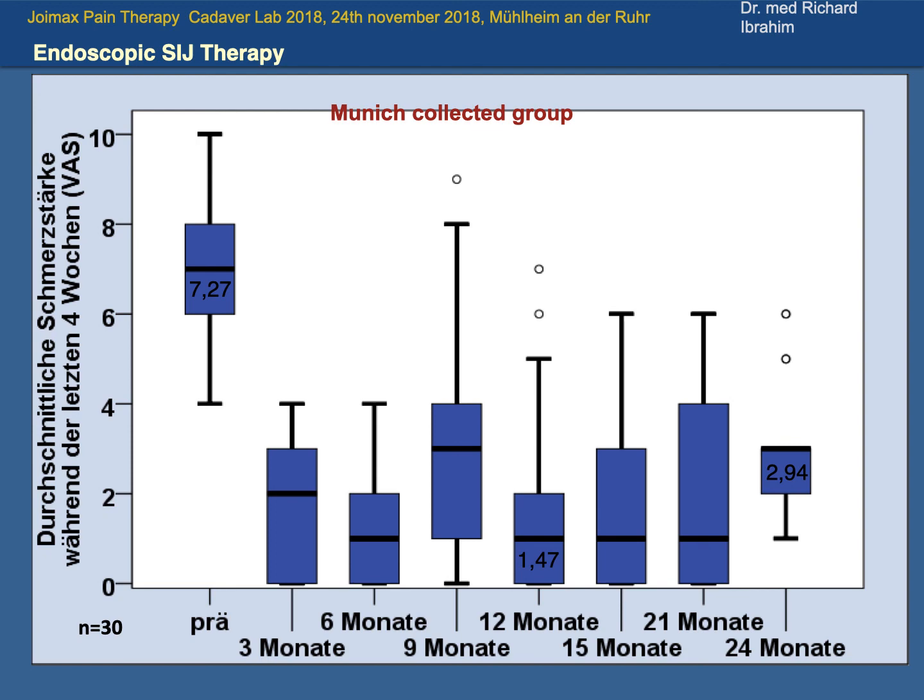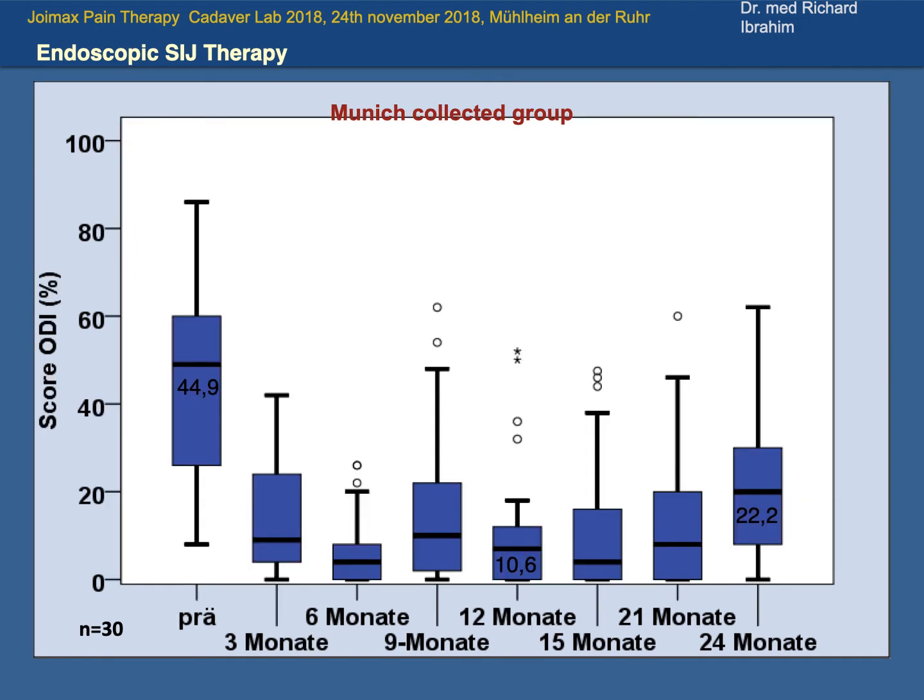So a great result. And regarding the pain, also the flexibility of the patient measured by ODI, you see, and always you have to see if a patient had more than 40% of the ODI score. That means a very severe hypomobility, and we changed this by more than 50% to much better mobility.